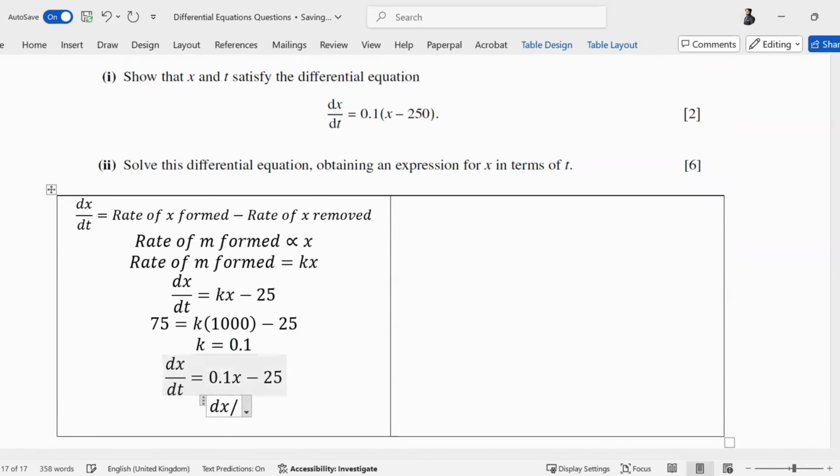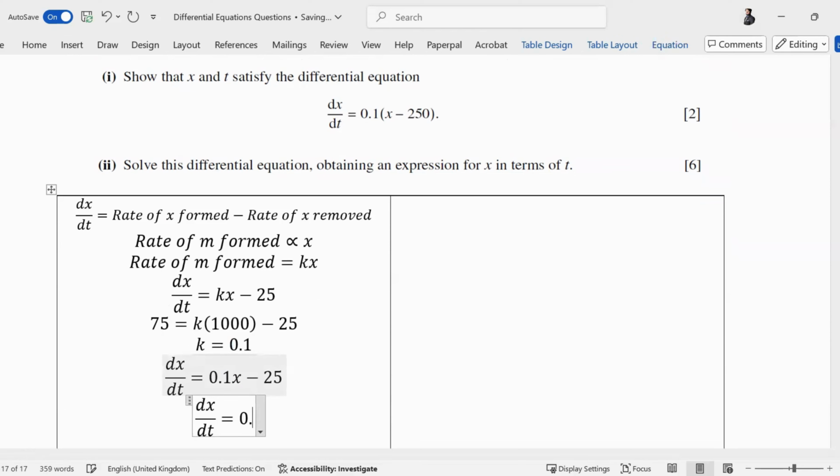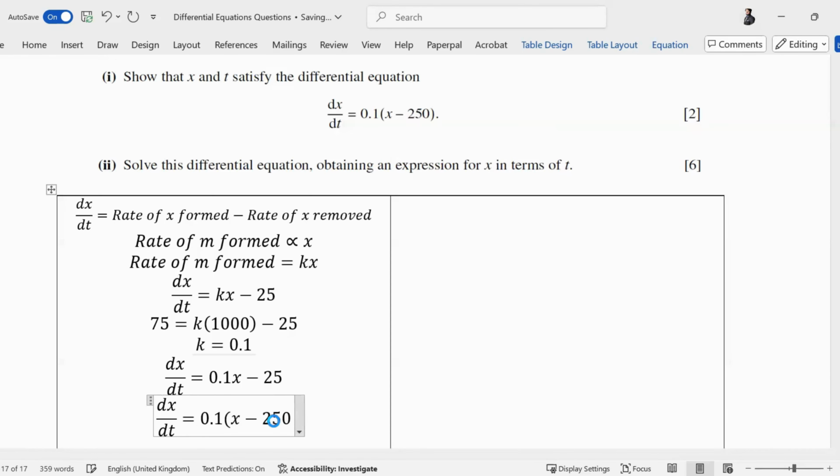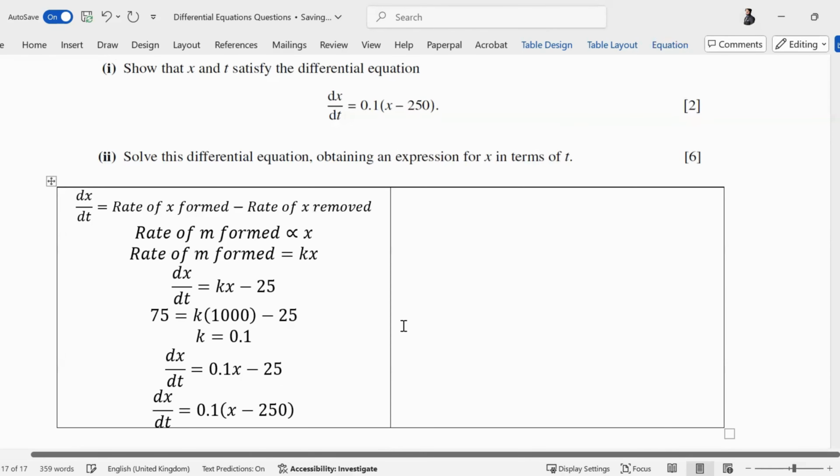Now the question wants me to take 0.1 as common. Whenever we take something common, we divide each term by it. So we divide x by 0.1 as well. When you divide 25 by 0.1, you get 250. Have we formed the differential equation? Now the question wants us to solve it.